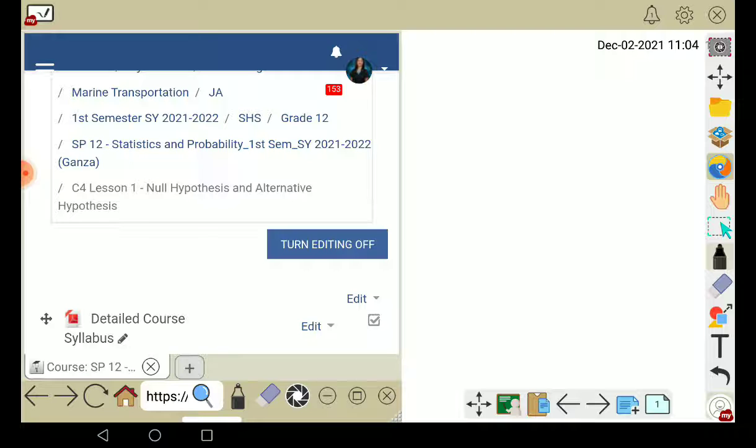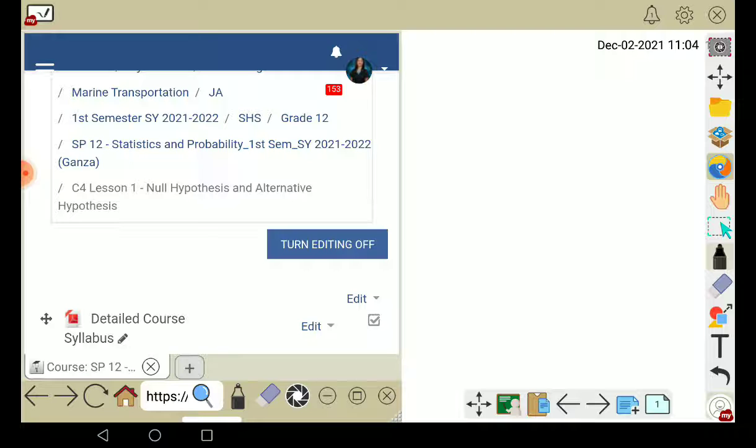The first question that will come to your mind is the word hypothesis. Okay, so in our previous education, we have already encountered the word hypothesis, especially in our science subjects. So when we say hypothesis, this is actually what we call an educated guess.